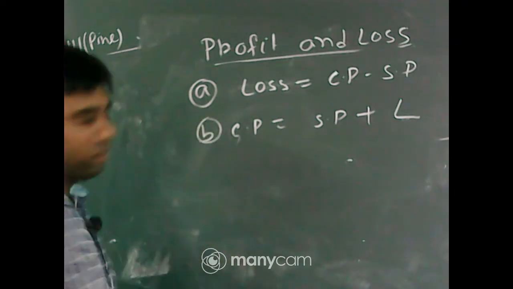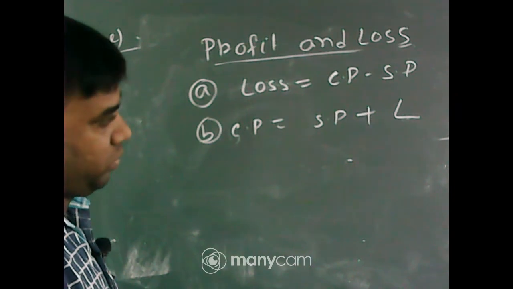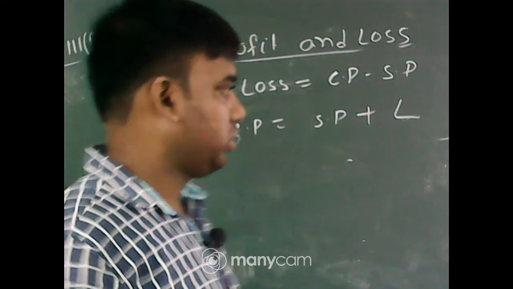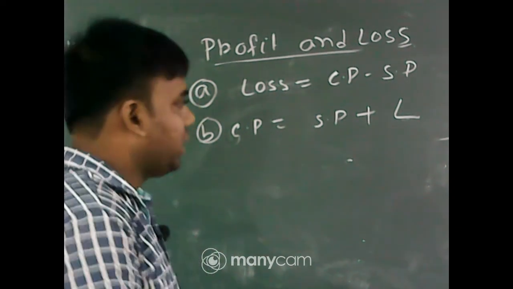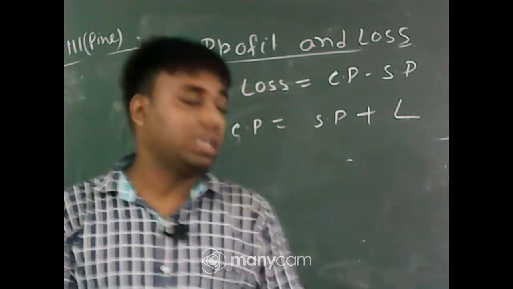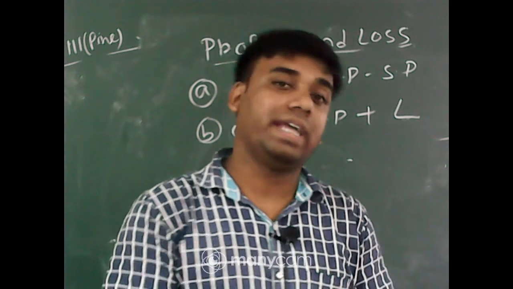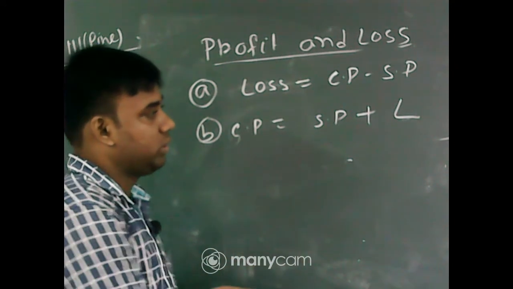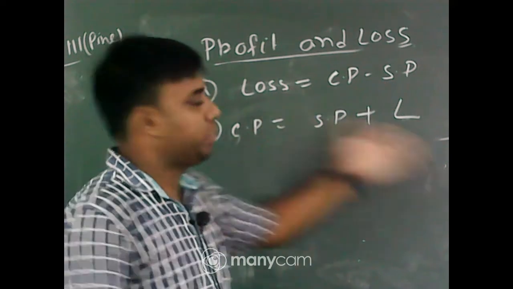Which one is correct? Chandranath, both. Are you sure, Chandranath? Both the statements are correct. Someone has written option A. Again you fall into the trap that both the options are right. For loss, just bring CP to this side, then SP plus L.